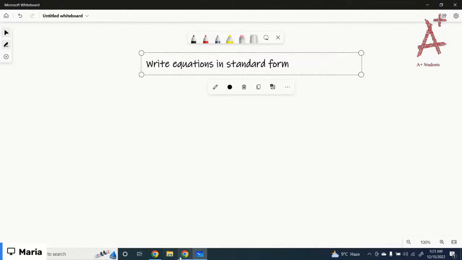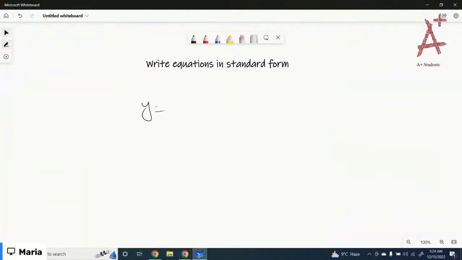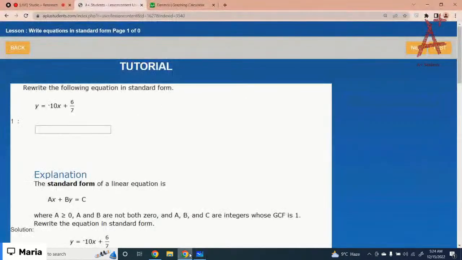Okay, let's start with the new lesson. We have to write the equation in standard form. So rewrite the equation in standard form. The equation is y equals negative 10x plus 6 over 7. You have to write this equation in the standard form. Got it?